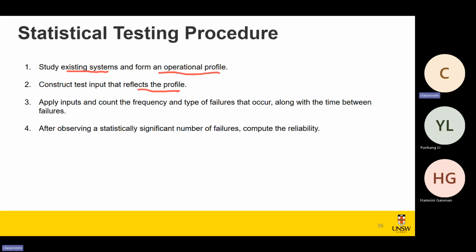So basically, with the operational profile, we roughly know that, okay, how many percent of the user inputs are related to which part of the code, right? Which part of the system.